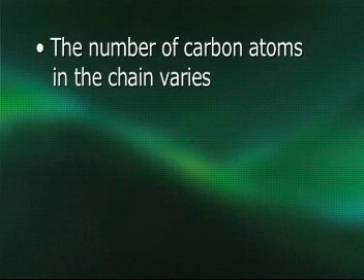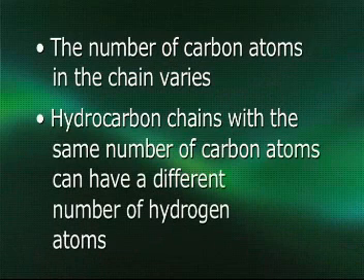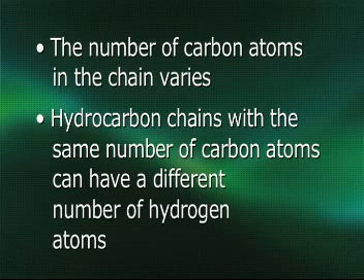The number of carbon atoms in the chain varies, and hydrocarbon chains with the same number of carbon atoms can have a different number of hydrogen atoms. Did you write down the same answer? Well done. If you were not able to remember this information, please review your notes and the section on lipids in your textbook. This brings us to the end of our lesson.